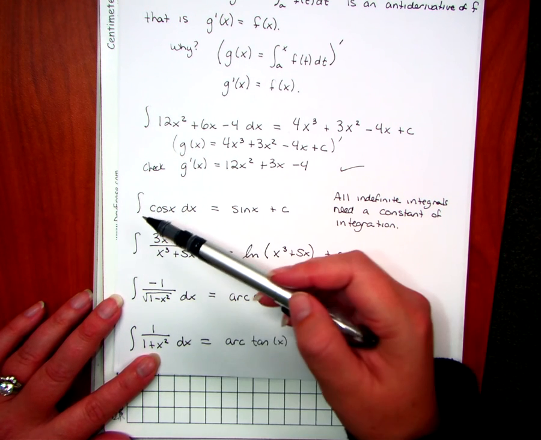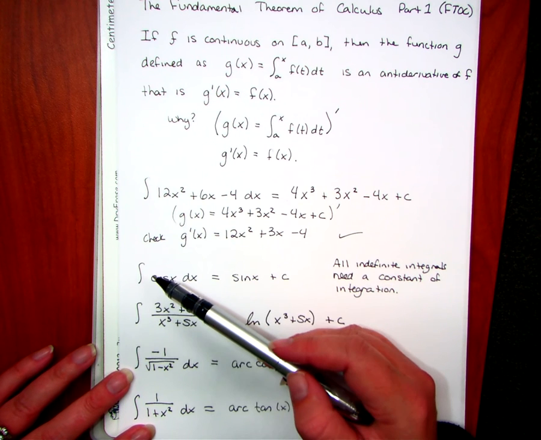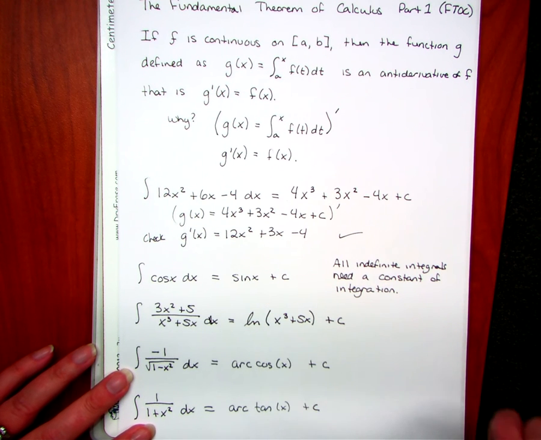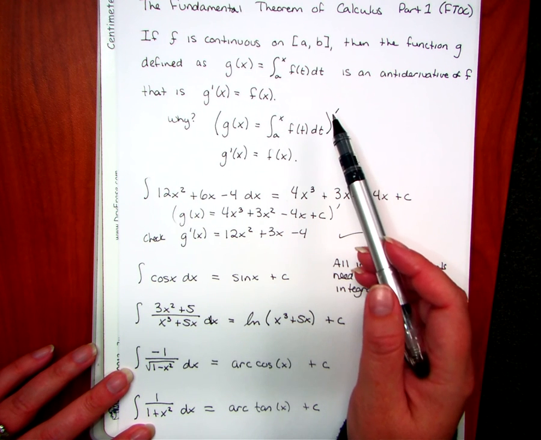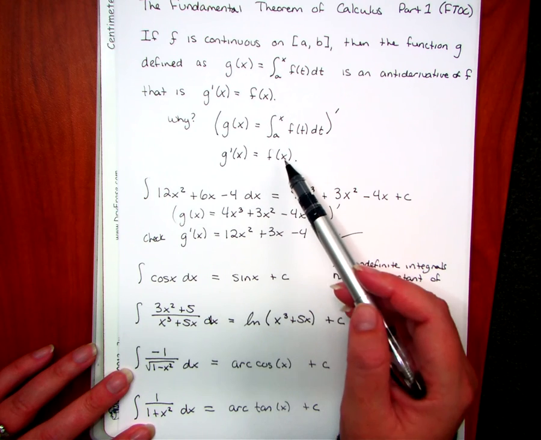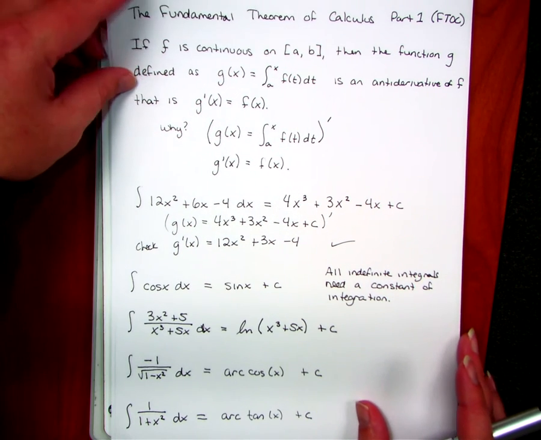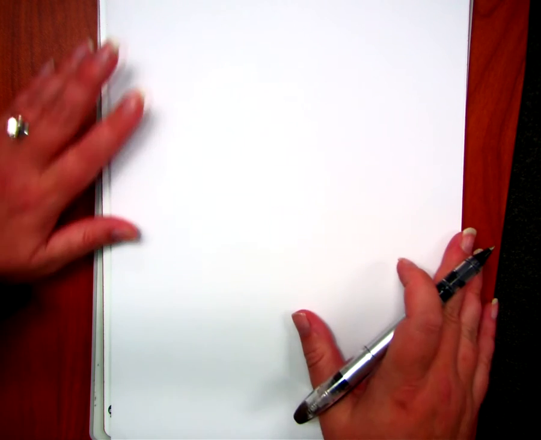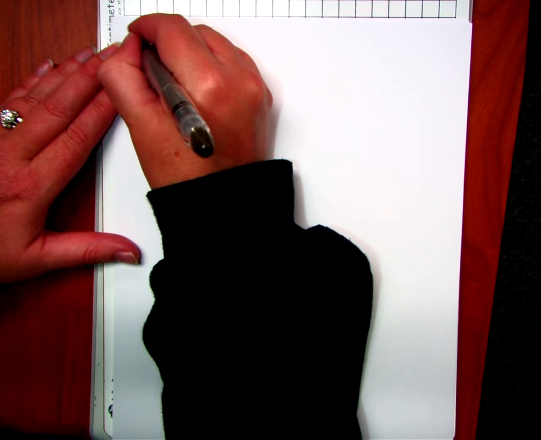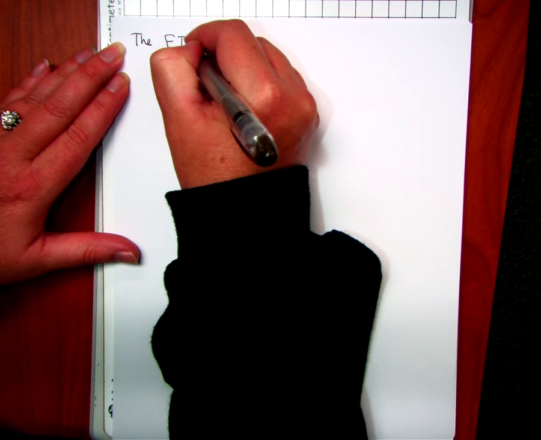To wrap up part 1, it's just defining the integral as an antiderivative. If you differentiate an integral, they cancel and you get the function back out. So, moving to the fundamental theorem of calculus part 2, I'm just going to call it the FTOC.